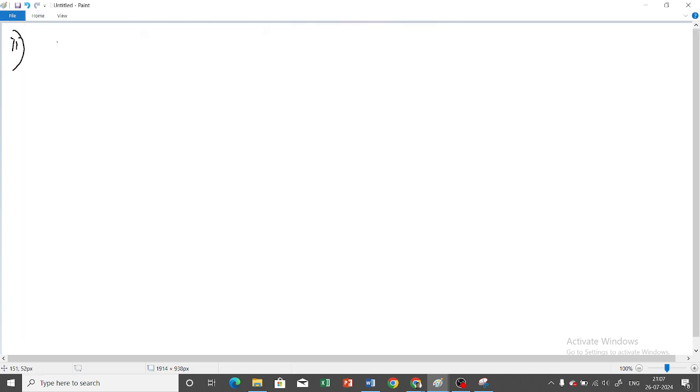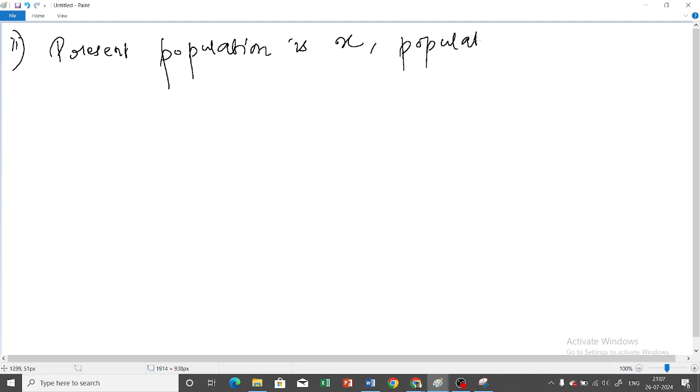Number 2. The present population is x. The population grows at r% per annum, time is t years.